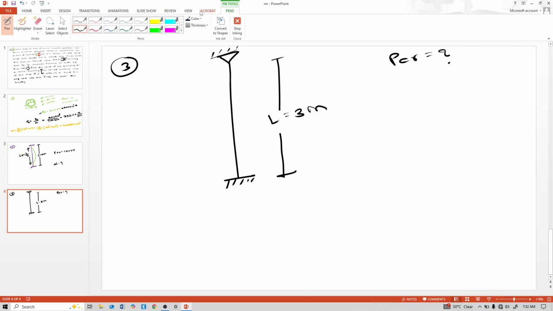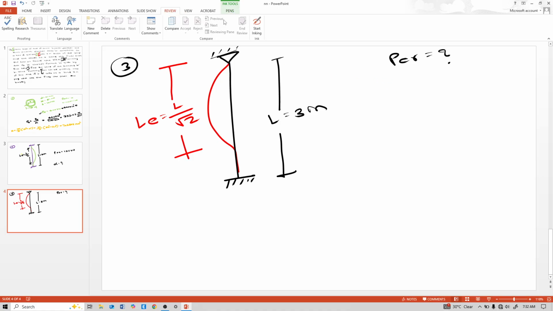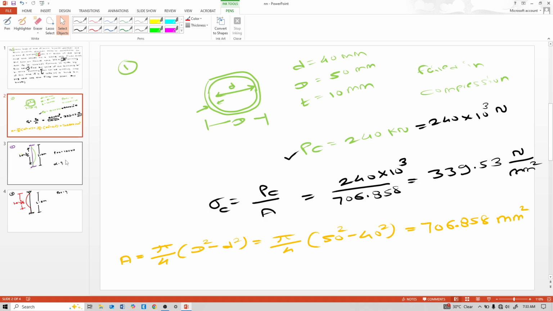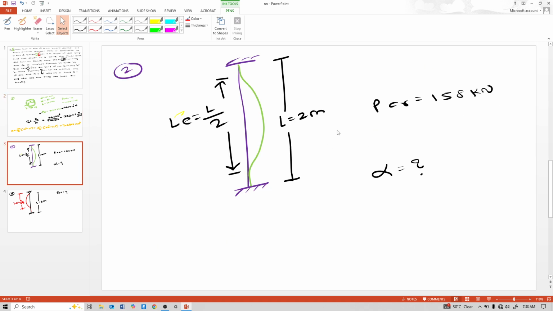Here you know that this is deflect like this. That means LE is equal to L by root 2. Okay, and how to find this PCR, I will tell you this. First calculate this alpha.